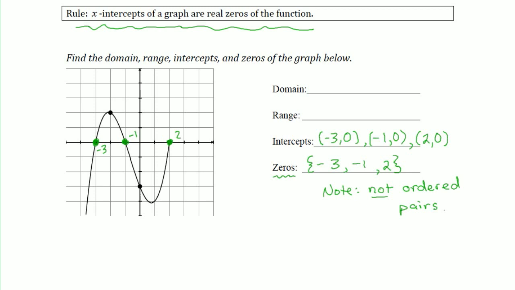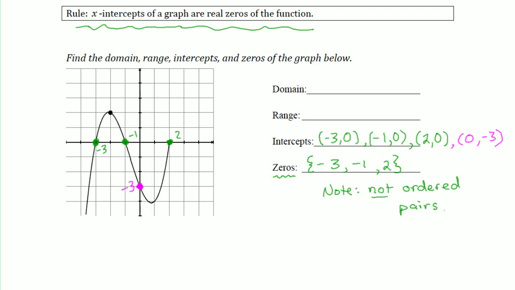But the intercepts also include the y-intercept, so let's throw that one in magenta. It looks like we have a y-intercept down here at -3, and that's going to be the point 0, -3. So sometimes it's helpful to list the intercepts as ordered pairs so that it's really clear whether they're x or y intercepts.